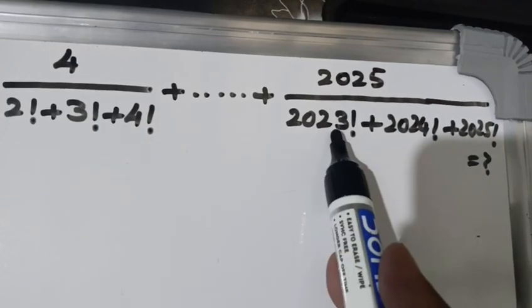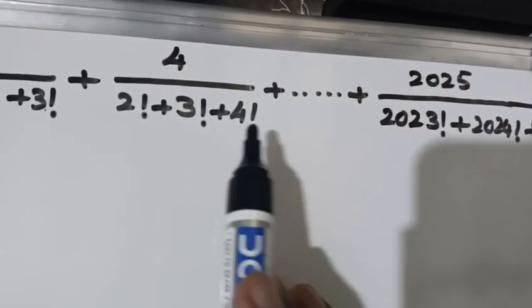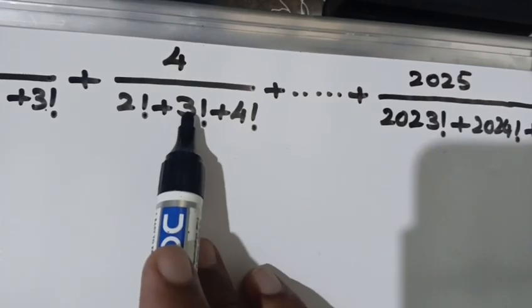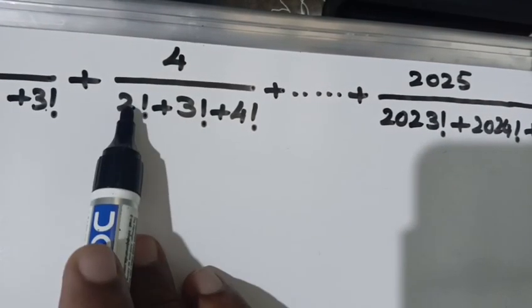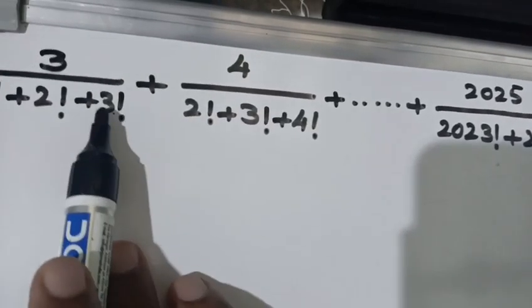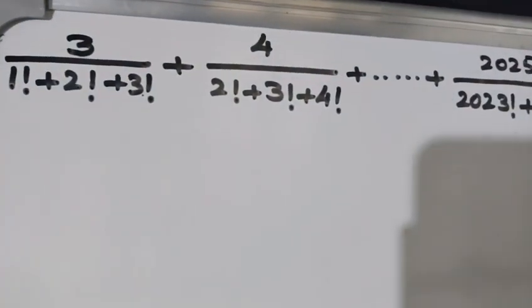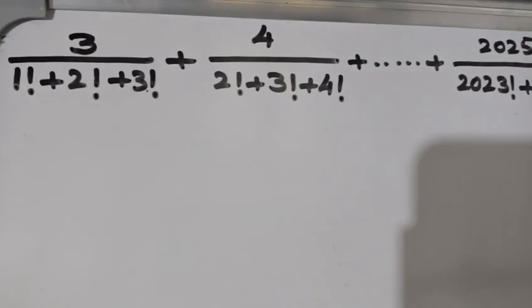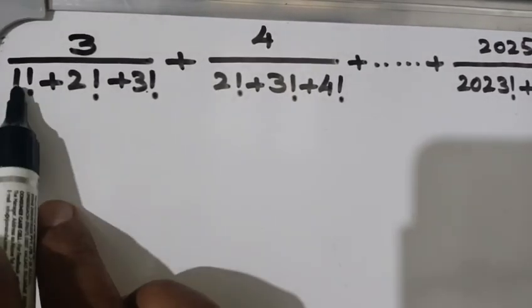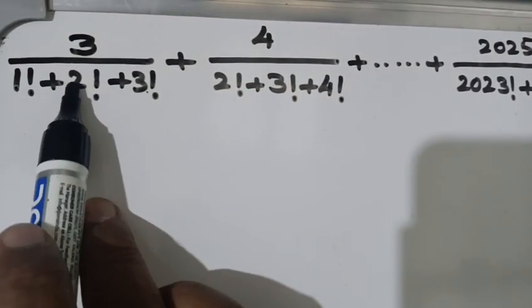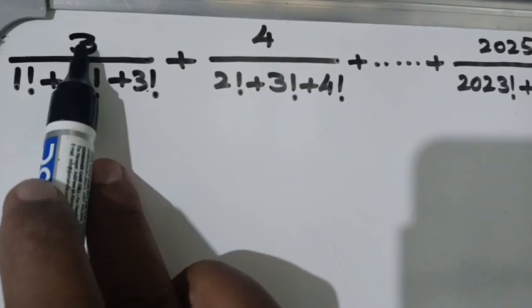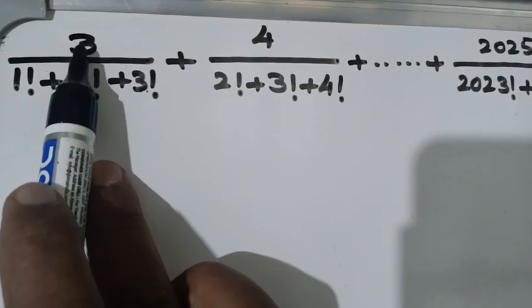Similarly 4, 1 less than 4 is 3, its factorial; 1 less than 3 is 2, its factorial. So 3, 2 factorial, 1 factorial. So now here, if it is n, it is n plus 1, it is n plus 2, and here it is n plus 2. This is the idea.